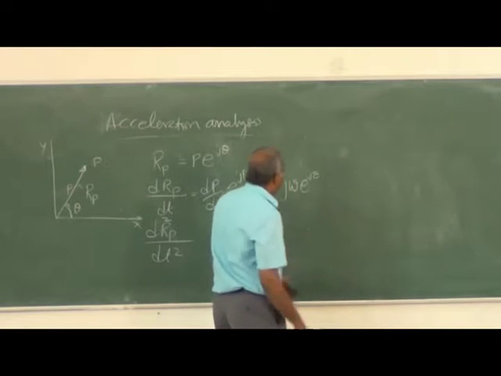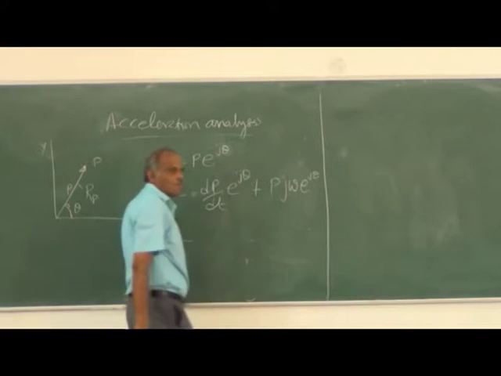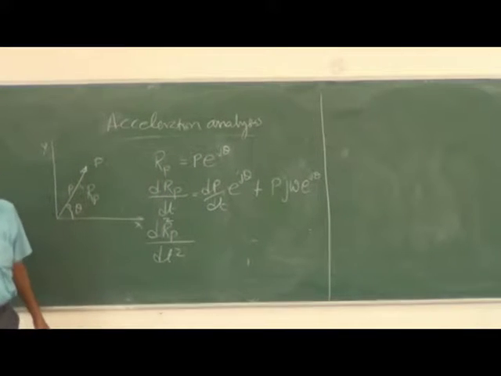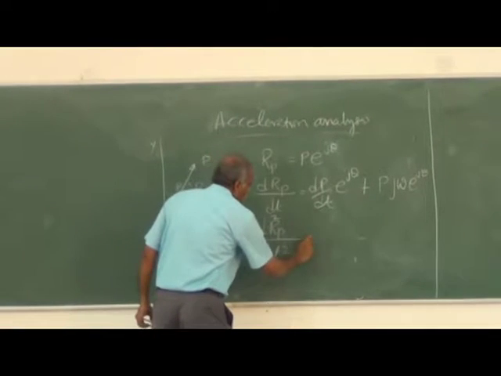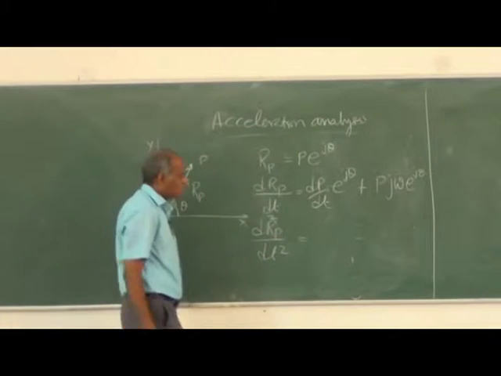Now we will derive the equation for the general acceleration. So d square rp by dt square, we will derive it.